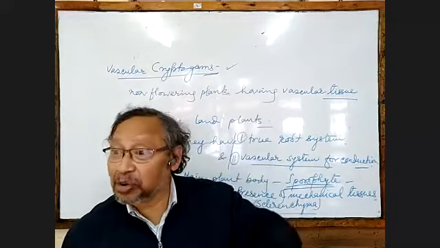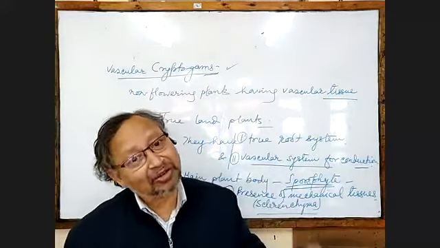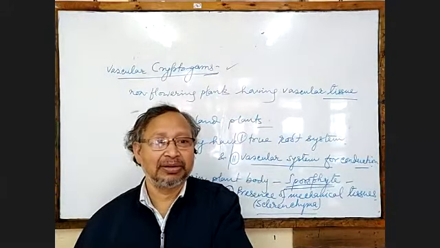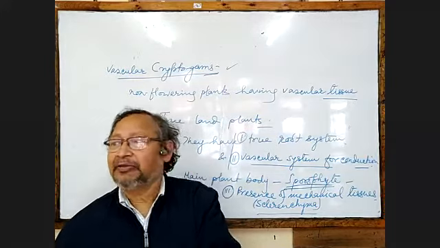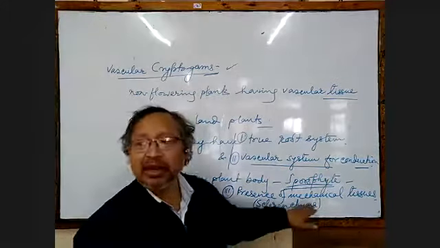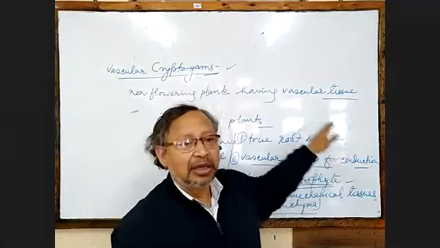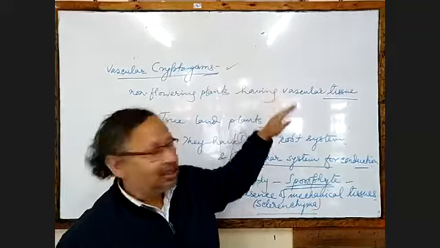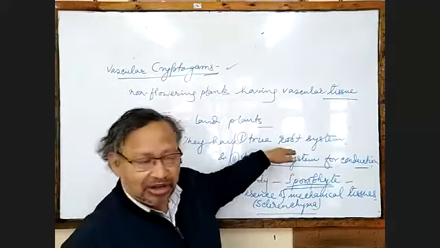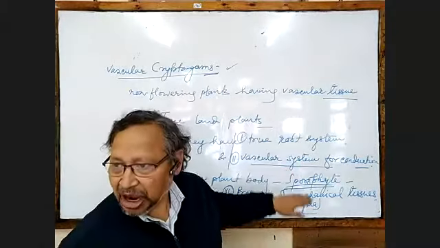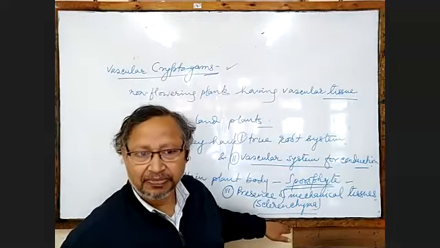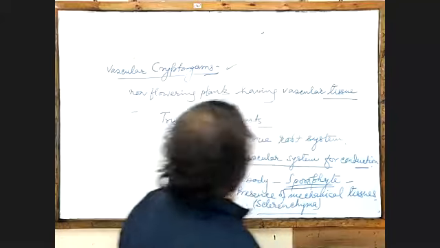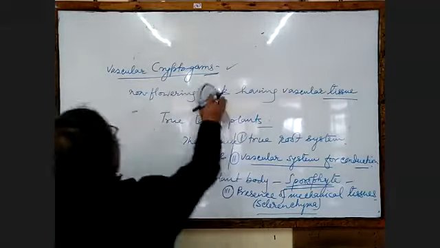They need support, and that's why they are in water. They cannot come up on the ground. For the land habit, mechanical tissue is required. In the pteridophytes, for the first time, there is a vascular tissue and mechanical tissue, and the plant body is a sporophyte.